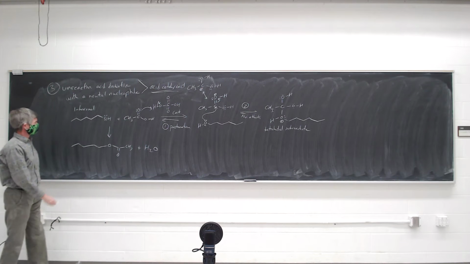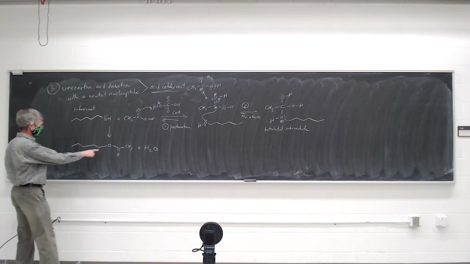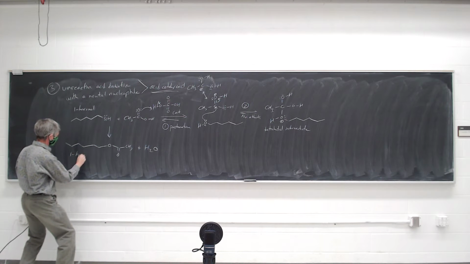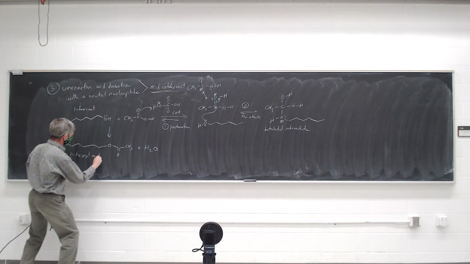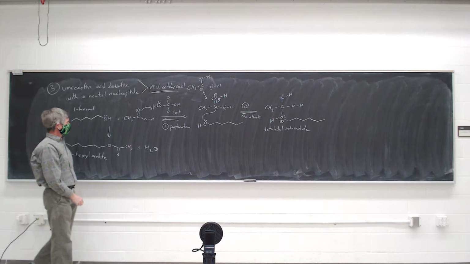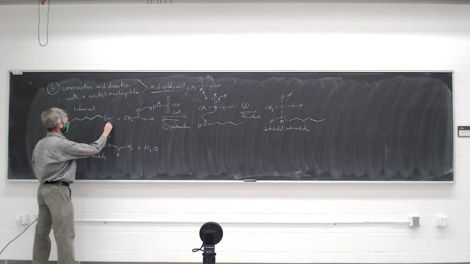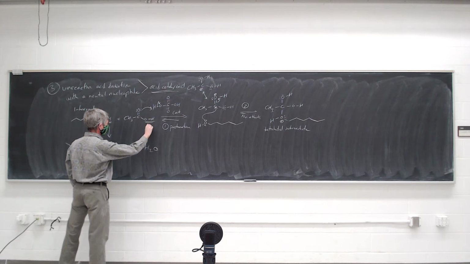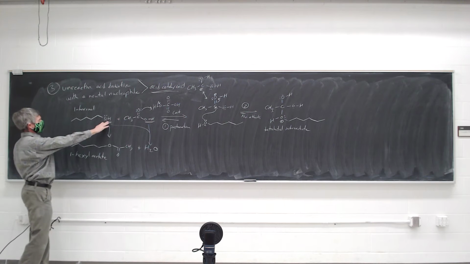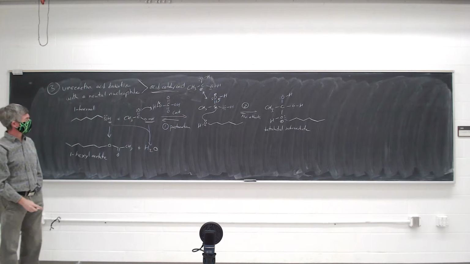We're going from 1-hexanol and acetic acid to 1-hexyl acetate and water. So this hydrogen, this oxygen, and this hydrogen are becoming water. Hydrogen from the alcohol and the OH group from the acetic acid are going to become water.